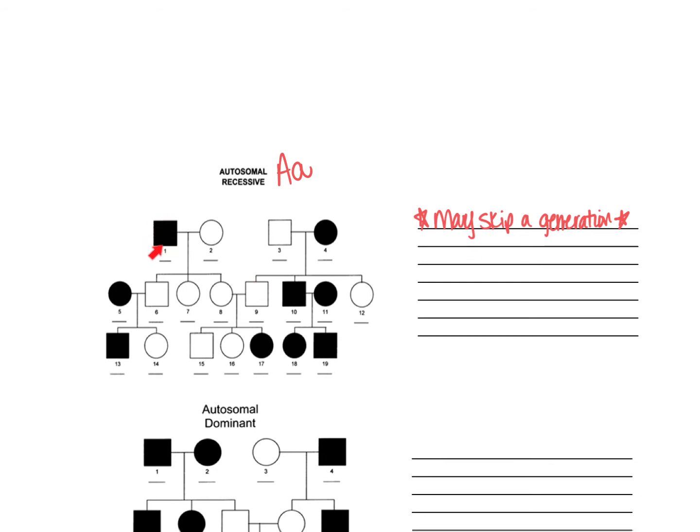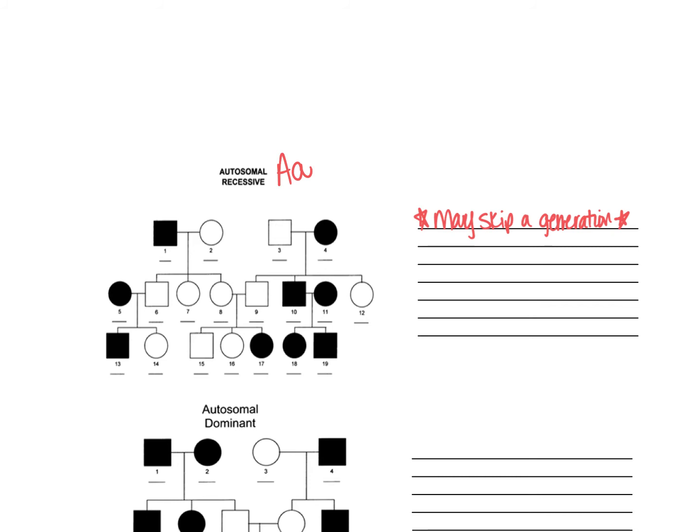The grandfather here, number 1, had the condition. His daughter did not. But number 17, the granddaughter of number 1, does display the condition.